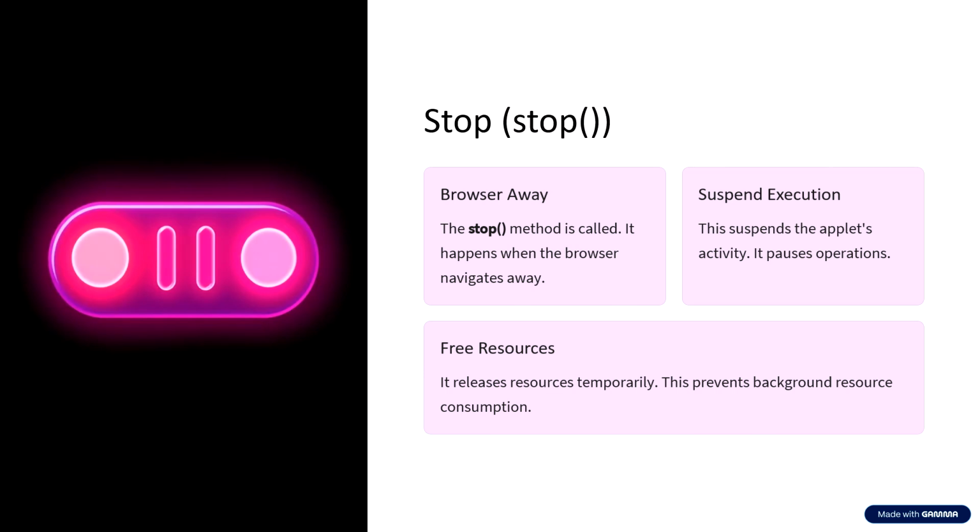You can restart them when the start method is called if the user returns to the page. The stop method is called when the browser navigates away and suspends execution. It pauses the operation. Next is freeing resources: it releases resources temporarily and prevents background resource consumption.